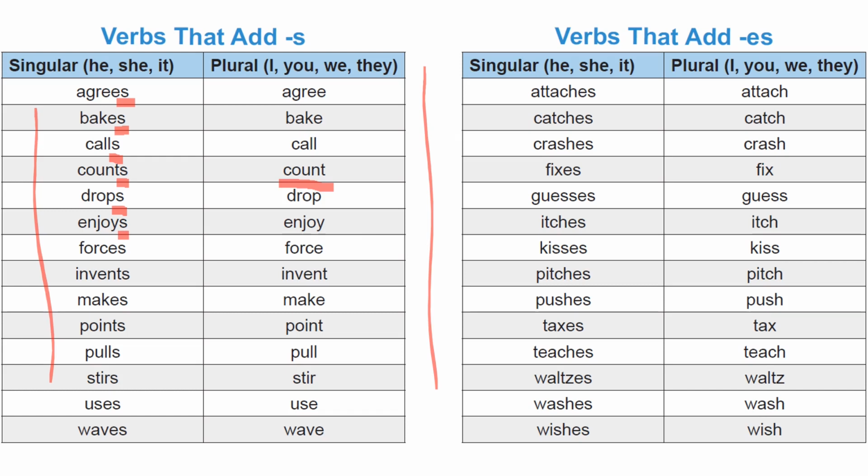Forces. Again, we'll remove the s to create its plural form. It becomes force. Then we have the word invents. Again, we remove the s and it becomes invent. Makes becomes make. Points becomes point.